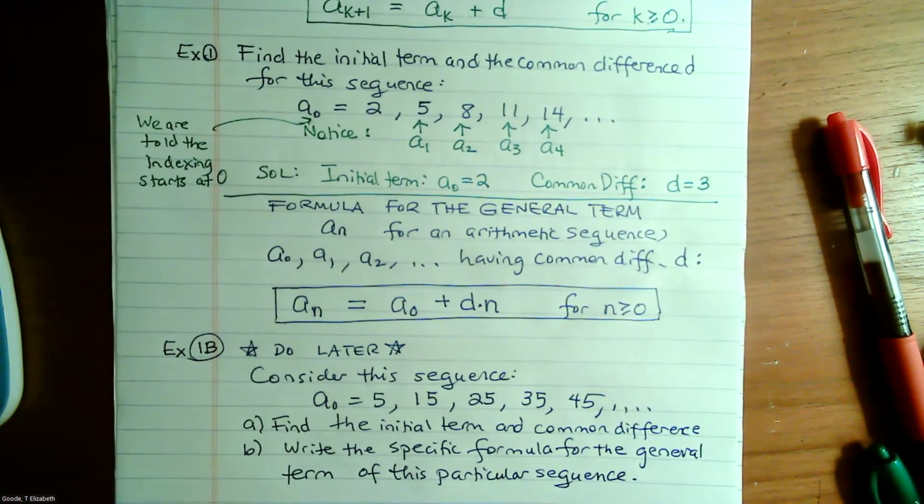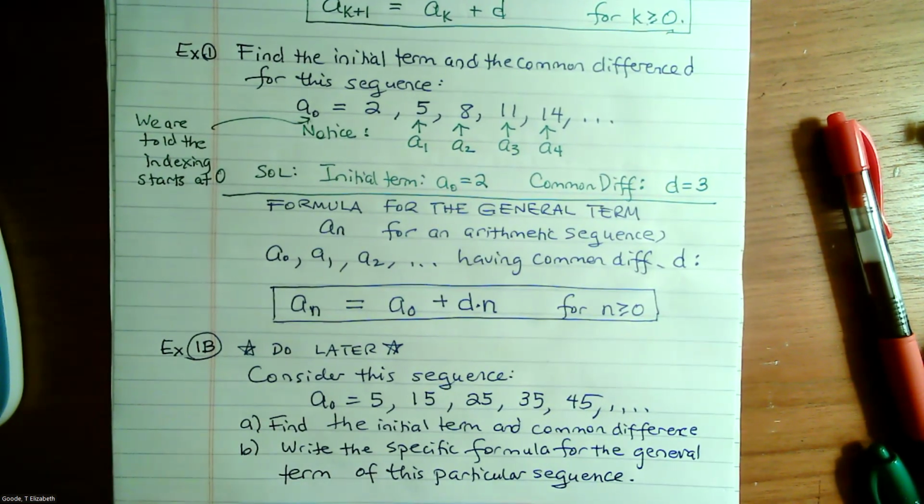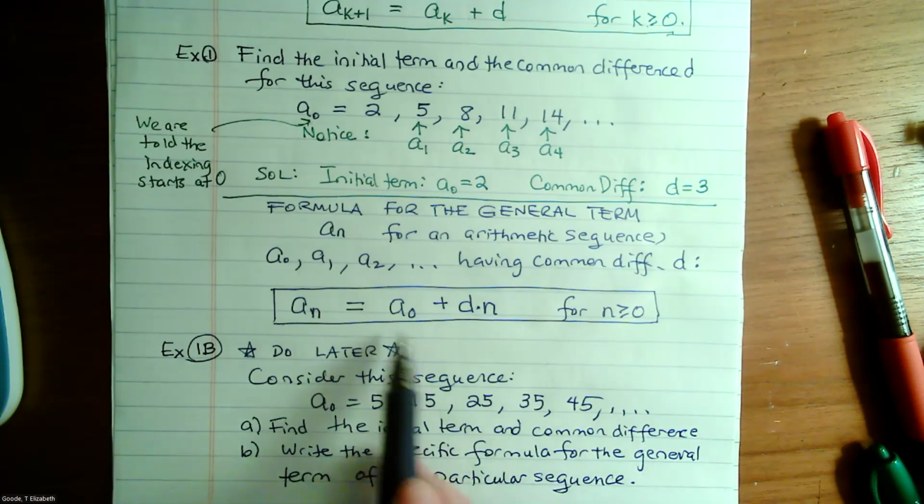We could even add a part C, and that part C would be to find a sub 99 or something like that. You can just use the formula and find that.